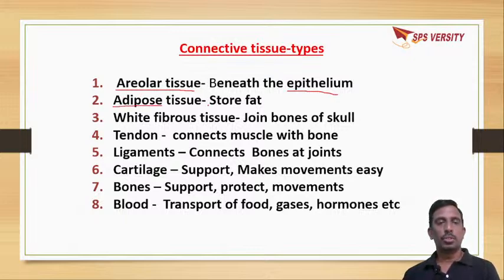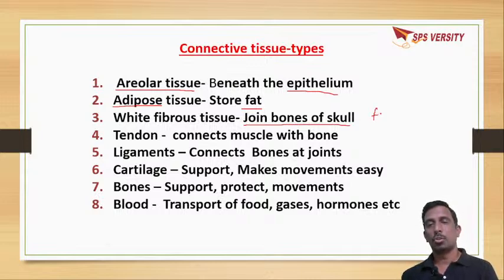Adipose tissue, which will store fats. Fibrous tissue, which joins the bones of the skull. Immovable joints को fibrous joints बोलते हैं.